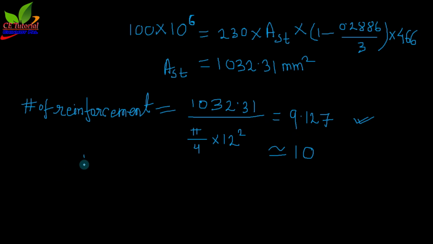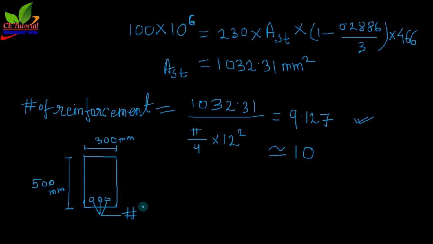So for this balanced section, which will resist the 100 kilonewton meter moment, the section is 300 B, 500 overall depth, millimeter unit, and there are 10 number of reinforcement, ten number of 12 phi bar.